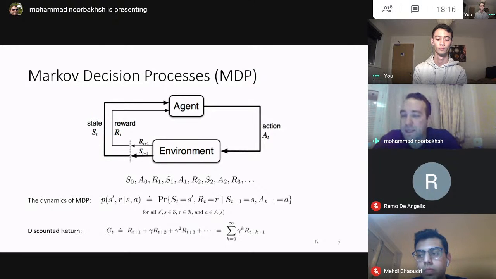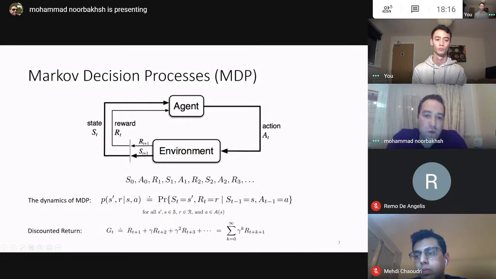So in the MDP, the agent must be able to sense the state of its environment to some extent and must be able to take actions that affect the states. So the agent selects actions and the environment responds to these actions, presenting new situations to the agent. And it also gives the agent some reward.